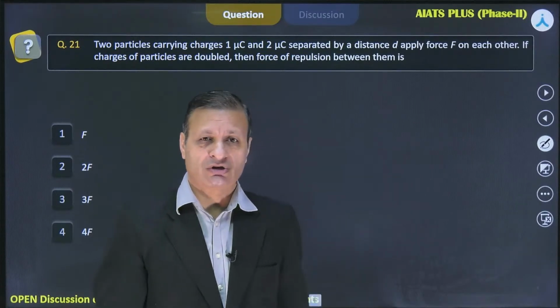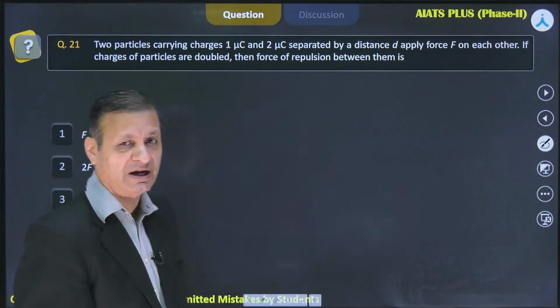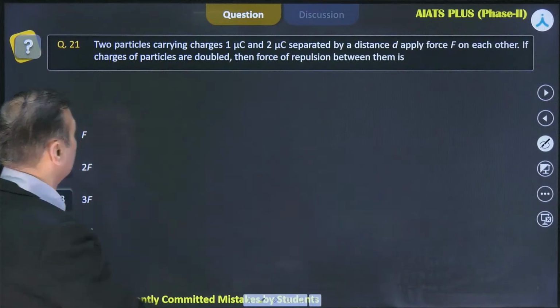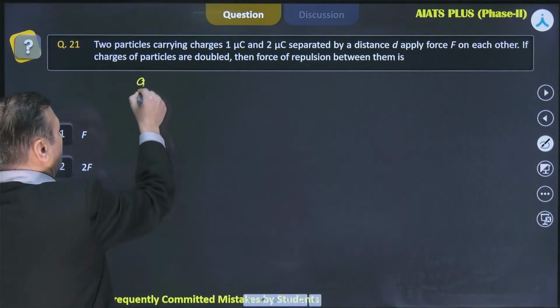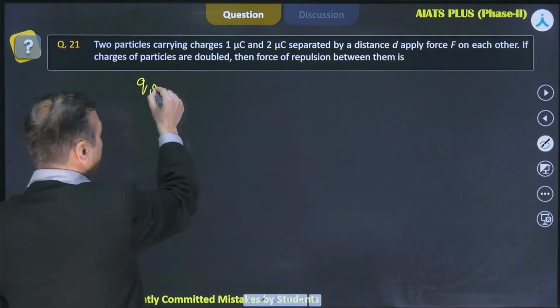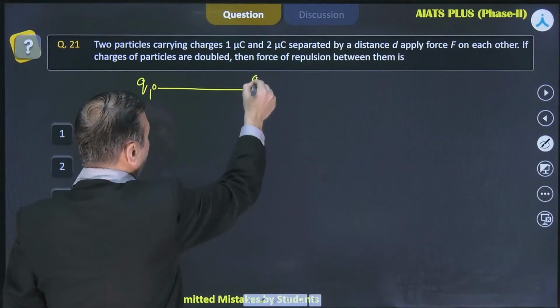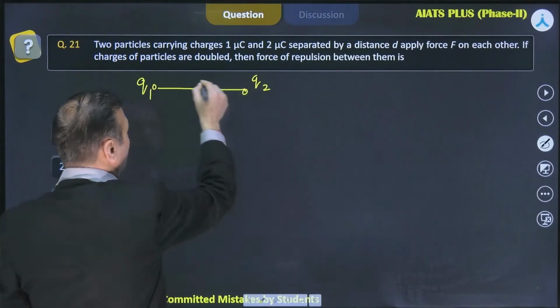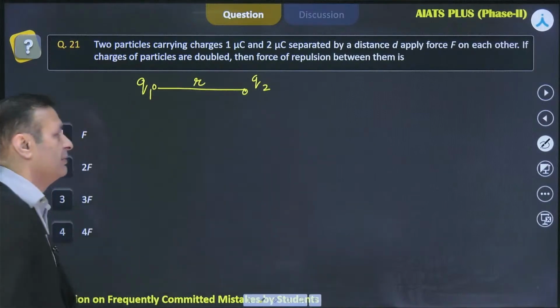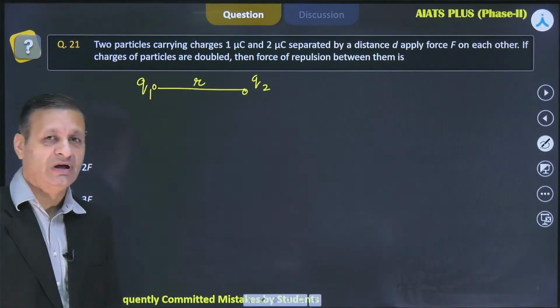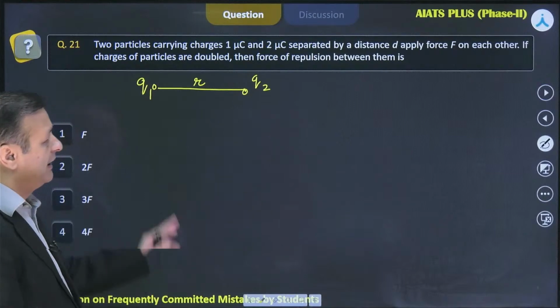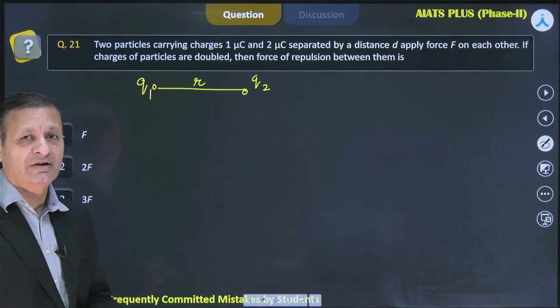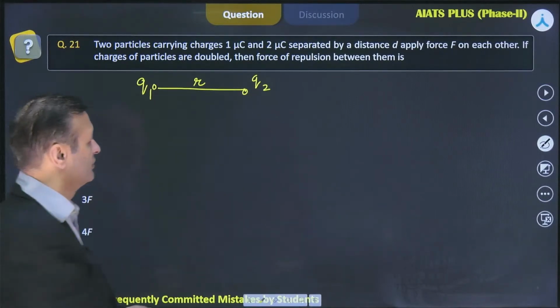So bachcho, this is also a very interesting situation and very easy. Let's build up like this. You have two charges, Q1 and Q2. They are separated by this separation R, and they are assumed to be in vacuum or free space.